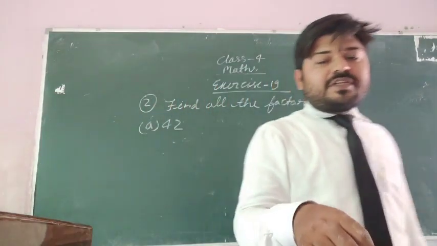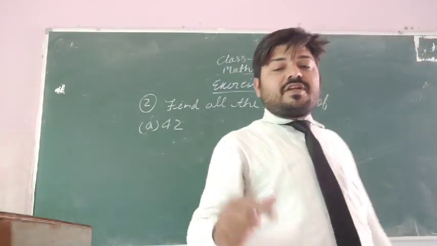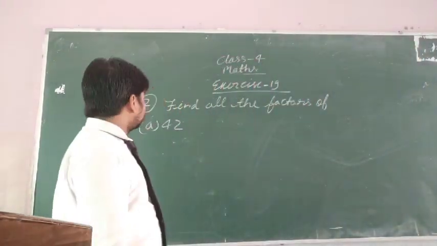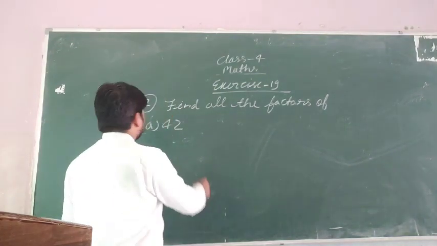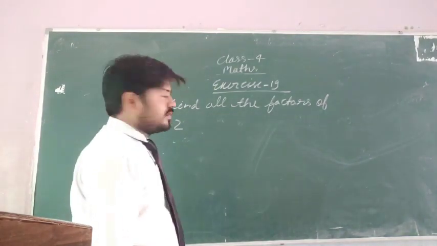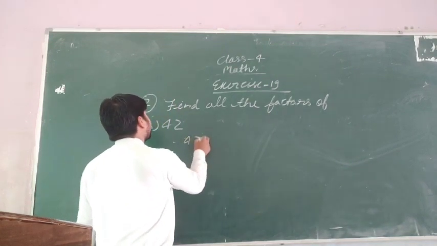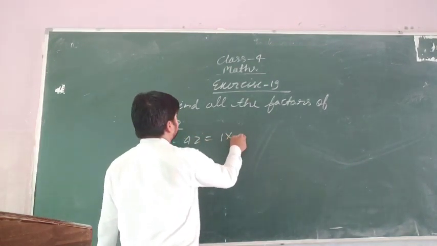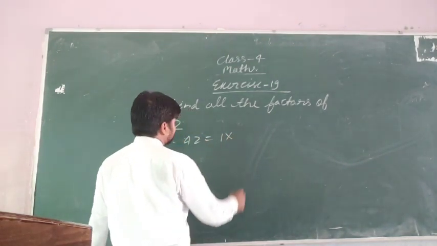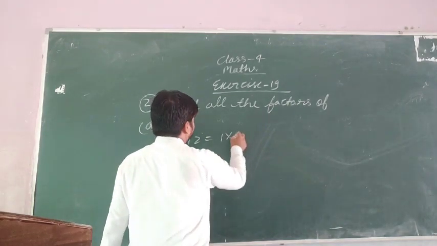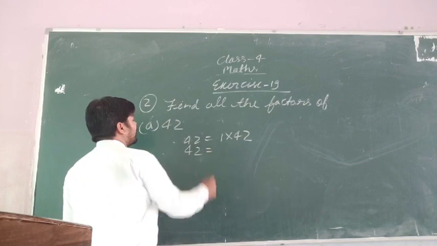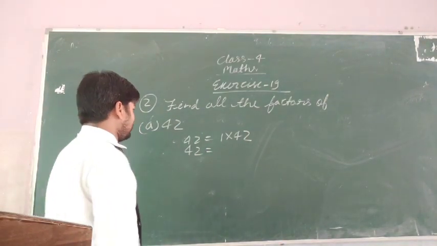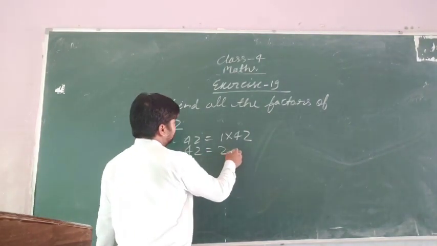So you have to check by which number it is divisible. So from 1 how many times it will go? 42 times. Okay. And from 2 it will go or not? It will be divisible or not? Yes, it is divisible by 2.